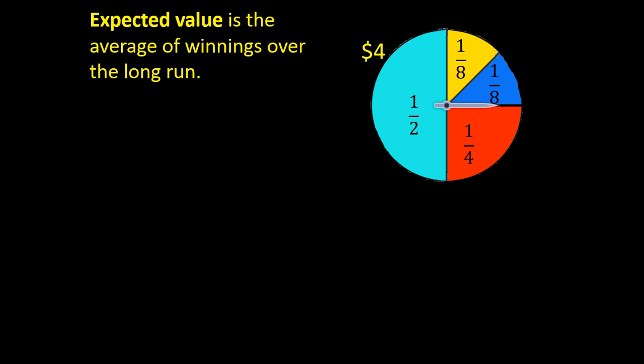And if you spin the spinner and you land on the light blue, you're going to win $4. If you land on the red, you can win $12. If you land on the dark blue, you can win $16, and if you land on the yellow, you can win $8.